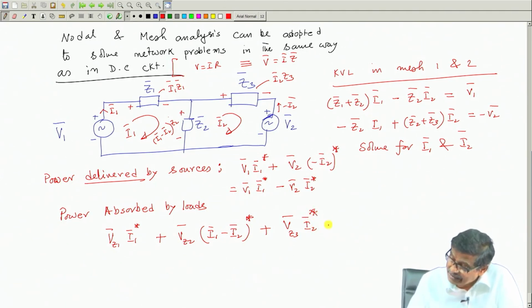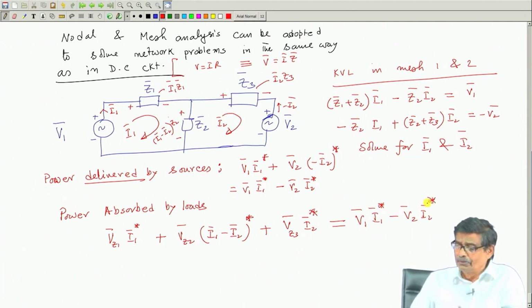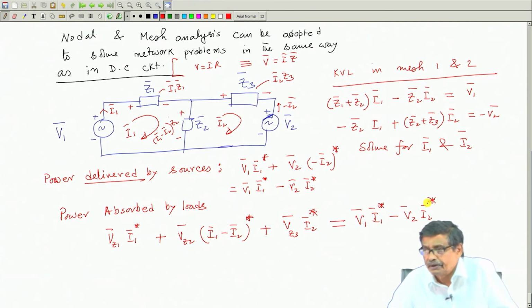And what I am telling is this must be equal to V1 I1 star minus V2 I2 star. With numbers it will be much easier to write, you can easily write this.